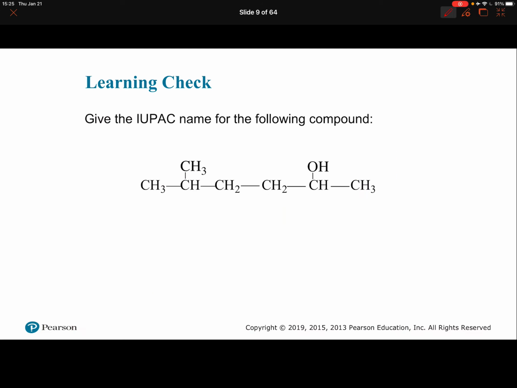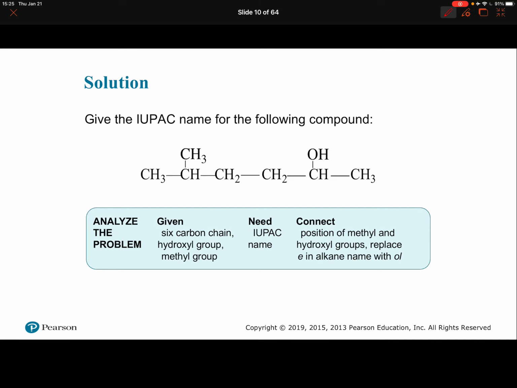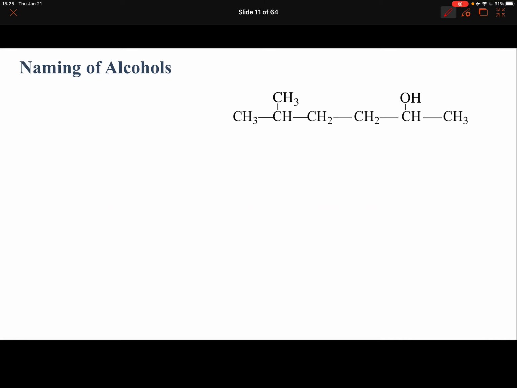So give this one a shot, try to name this compound, and I will tell you the answer. Sorry, where's the answer? I guess I didn't tell you the answer. So if you want to see it worked out, we need to number this thing.